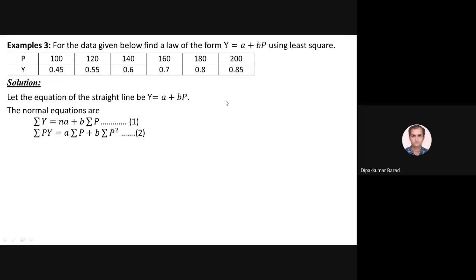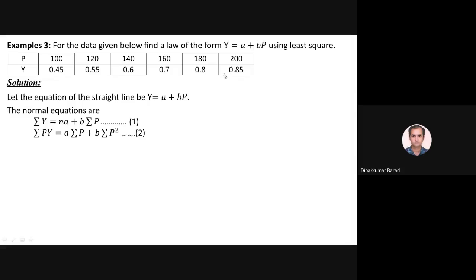Now find out summation Y. This 0.45 and 0.55, which I get 1. 0.6 and 0.9, which I get 1.5. So 1 plus 1.5, 2.5.